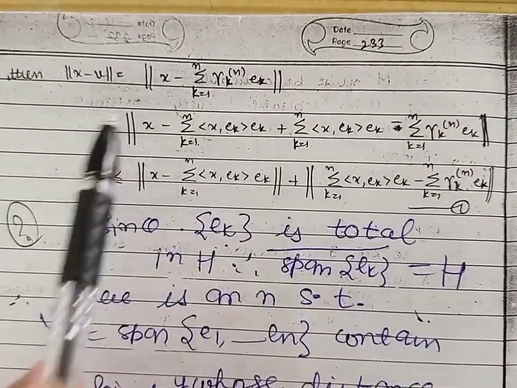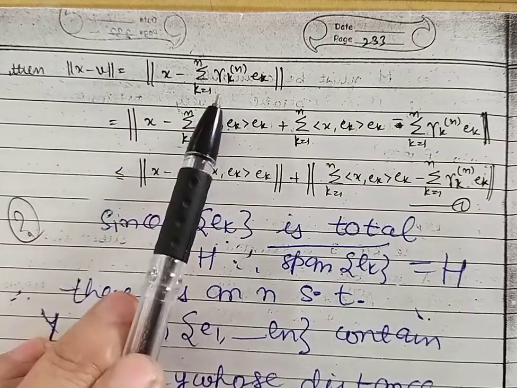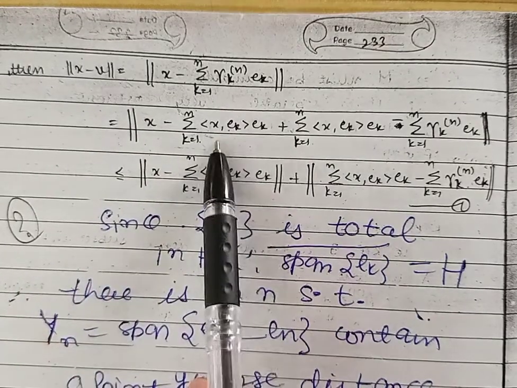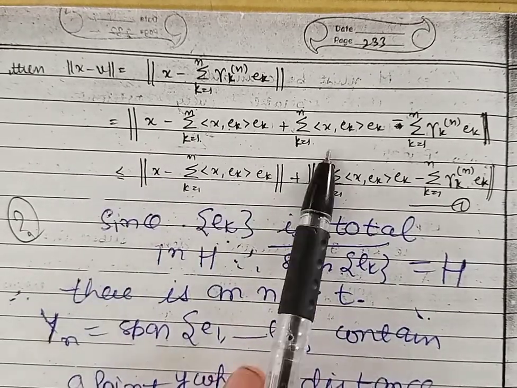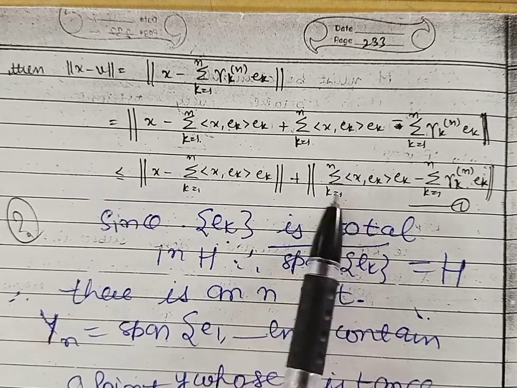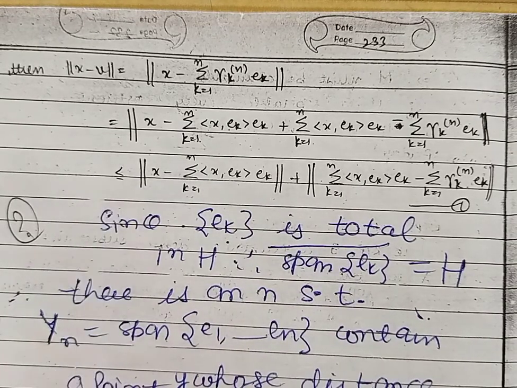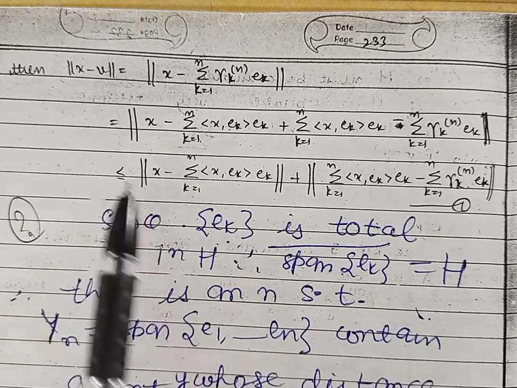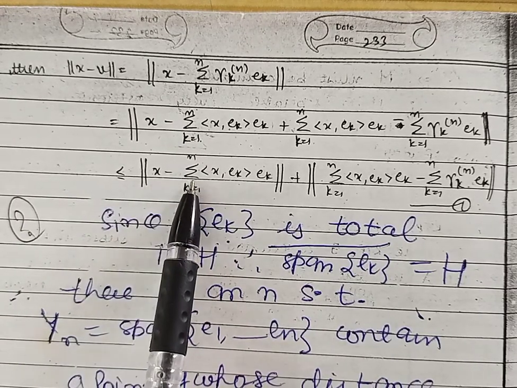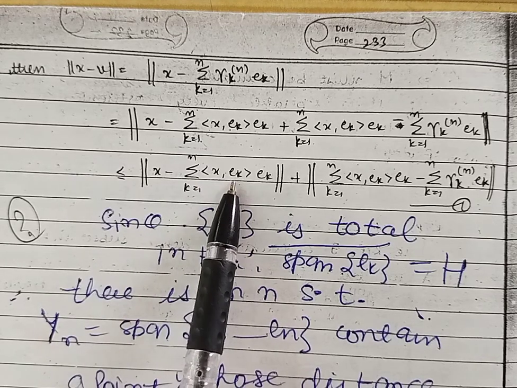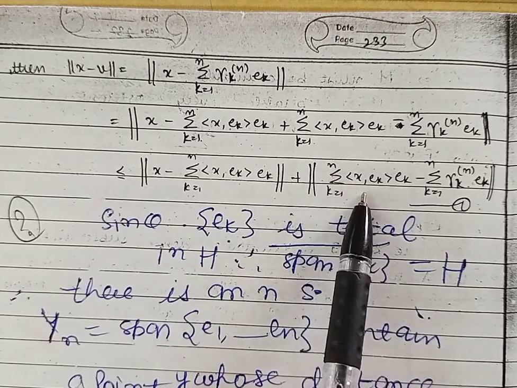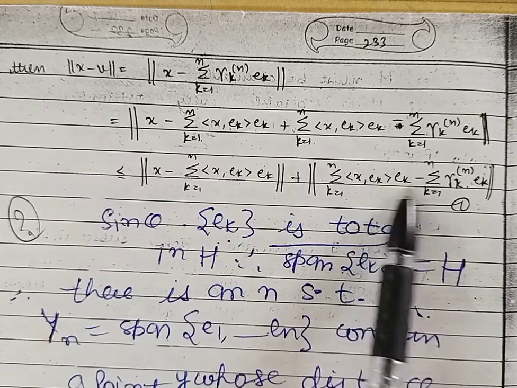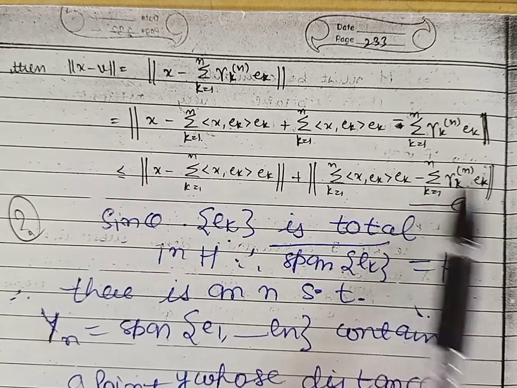Now let us consider the norm of x minus v. Substituting the value of v here, adding and subtracting this term in this expression and applying the triangle inequality, we get the norm of x minus v is less than or equal to the norm of x minus the summation of the inner product of x with e_k times e_k, plus the norm of the summation, k varies from 1 to n, of the inner product of x with e_k times e_k minus the summation gamma_kn e_k.